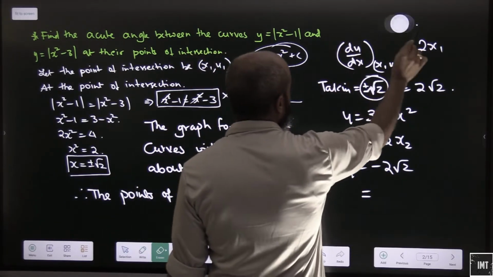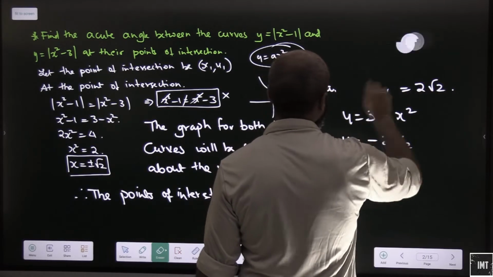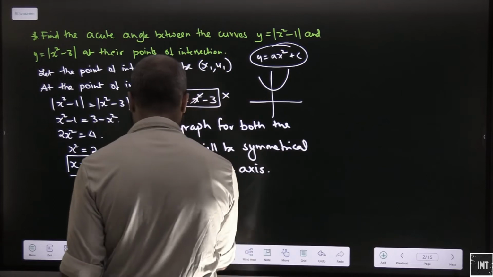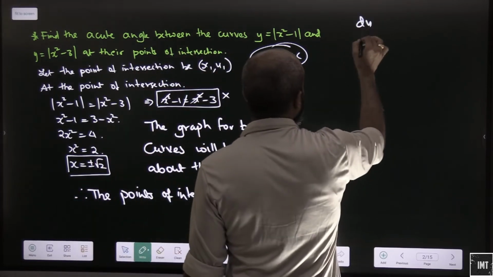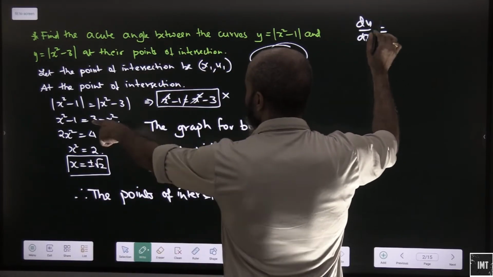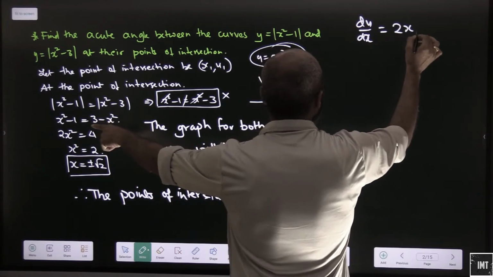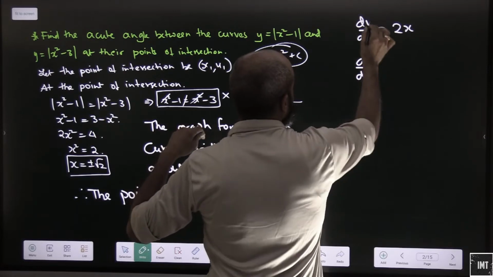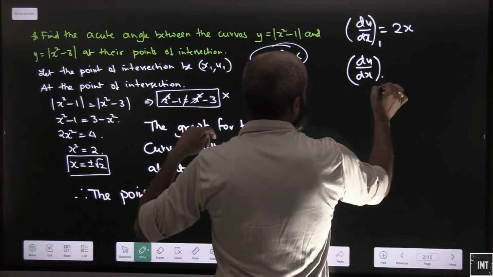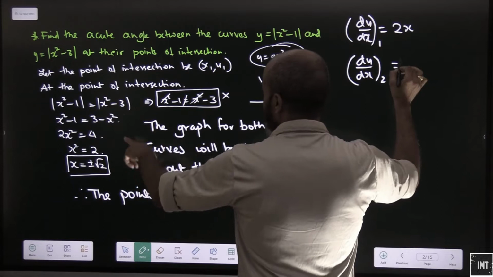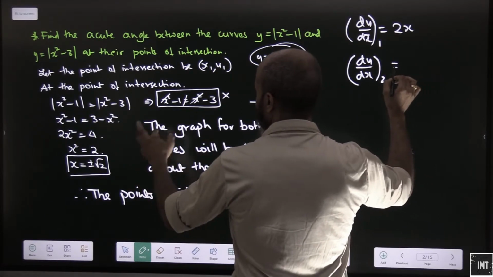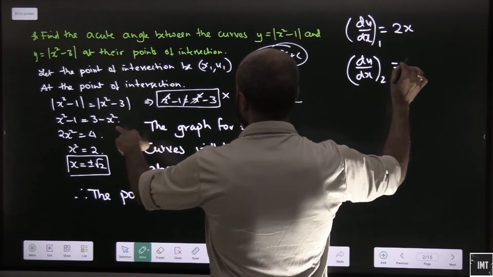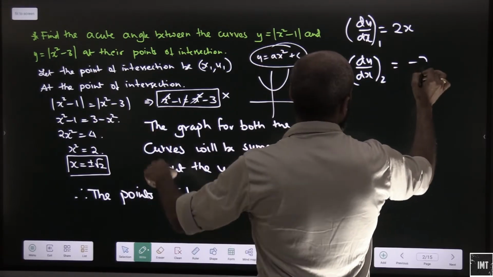Okay, let me do this once again here, it is sounding a little confusing. So we have dy by dx is equal to 2x for the first curve. For the second curve, we have assumed that it is 3 minus x square, so dy by dx will be minus 2x.